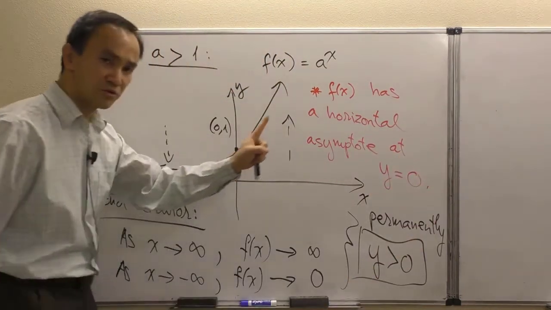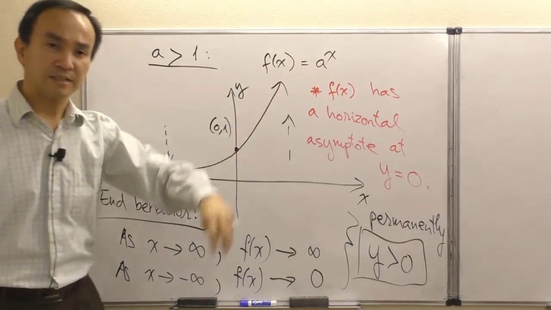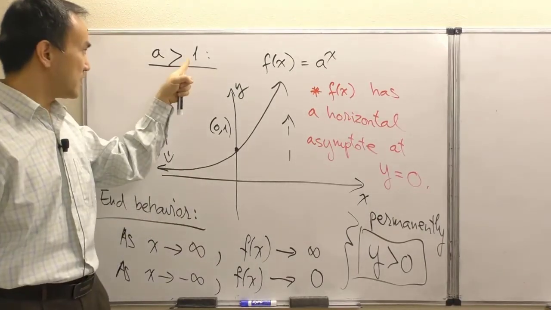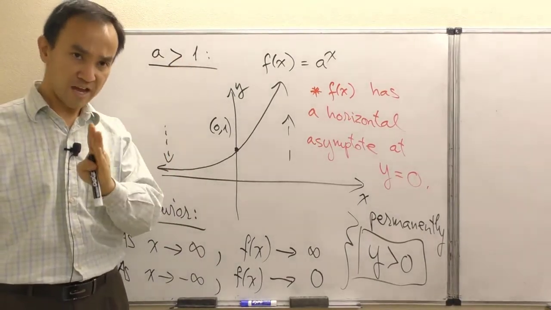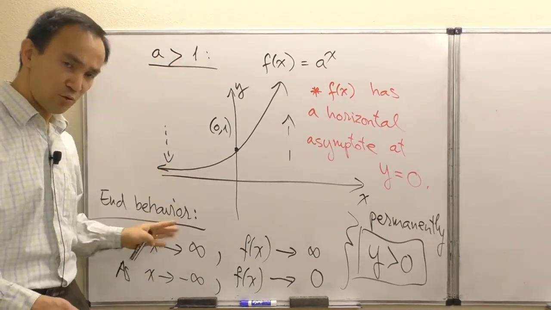So y equals 0 is the horizontal asymptote for this basic exponential function a to the x, where for now a is a value greater than 1. So that's one case right there.